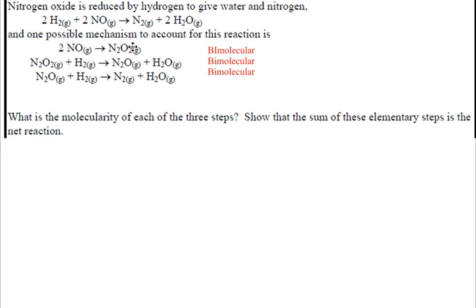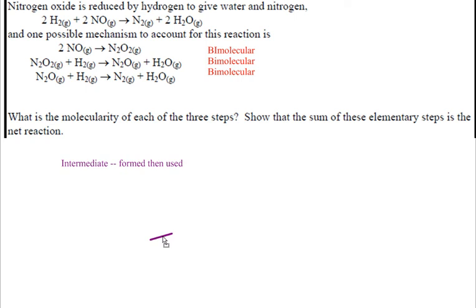Let's talk about some of this now. Let's keep adding to our key terms. You see how N2O2, dinitrogen dioxide, is produced and then immediately used up in the next step. That means that N2O2, dinitrogen dioxide, is what we call an intermediate. So an intermediate is used as soon as it's formed.